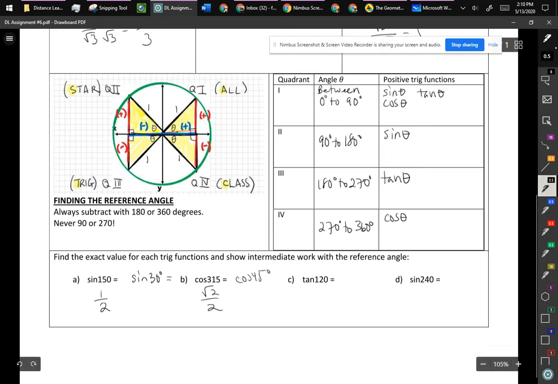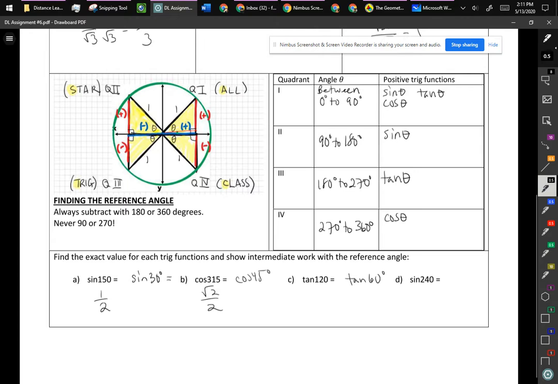Now let's get to tangent 120. Tangent 120, 120 degrees, is in quadrant 2, between 90 and 180. So I'm over here. I know I have to subtract from 180 because we just did that with example A. So the difference between 120 and 180 is 60 degrees. So this is the same thing as the tangent of 60.